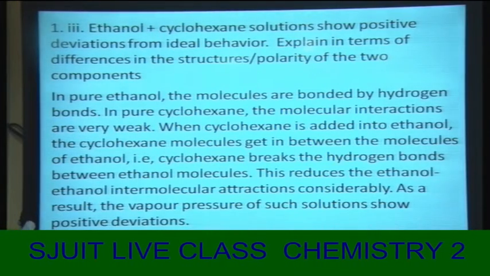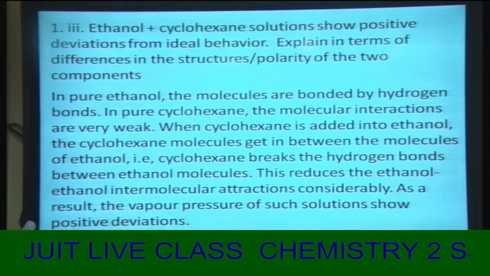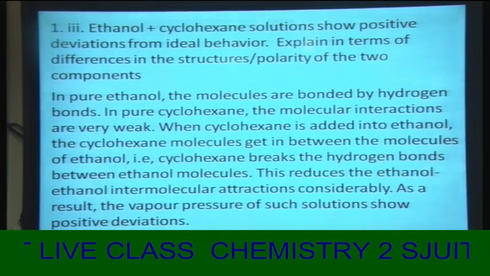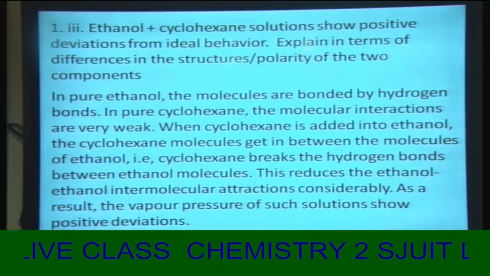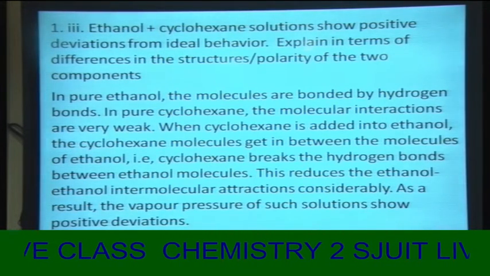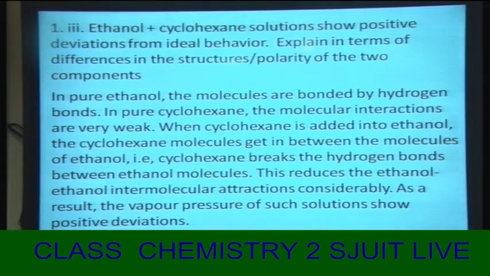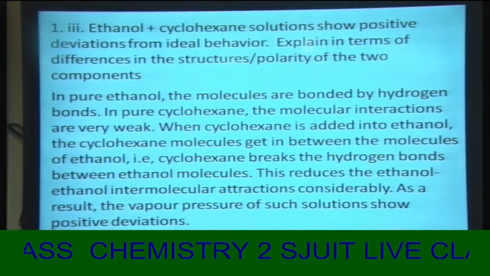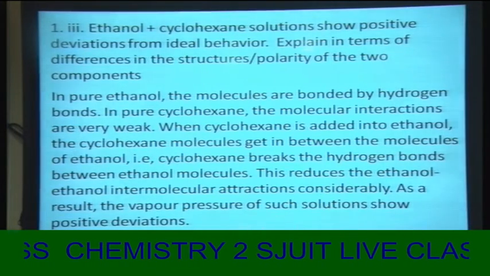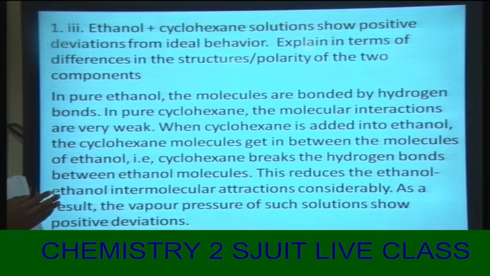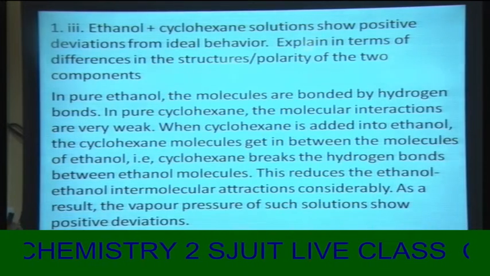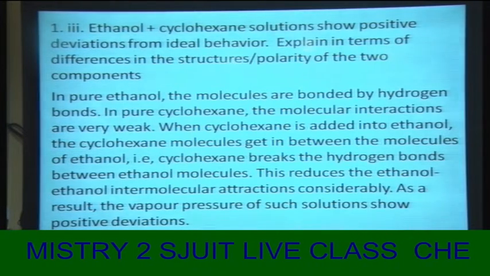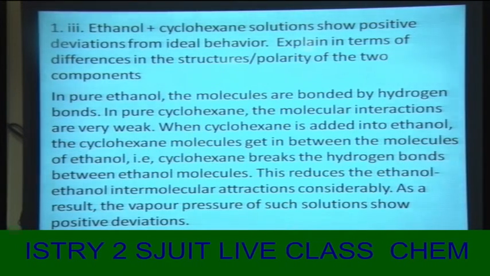In pure cyclohexane, which is a nonpolar solvent, the kind of interaction is induced dipole interaction or dispersion force, and such kind of molecular interaction is very weak. Here we need to define a scenario where ethanol and cyclohexane have been mixed together.